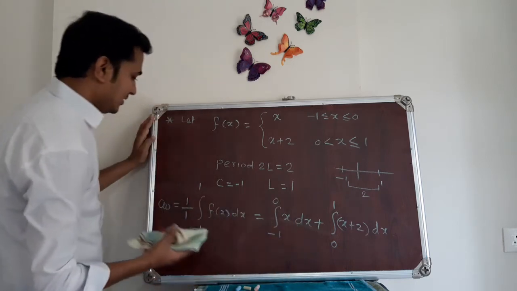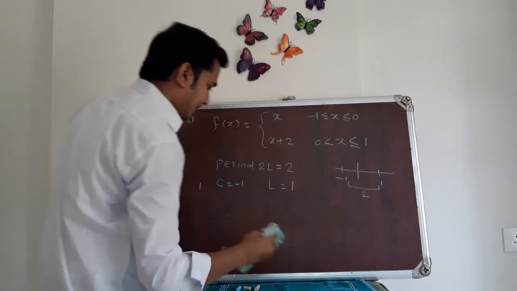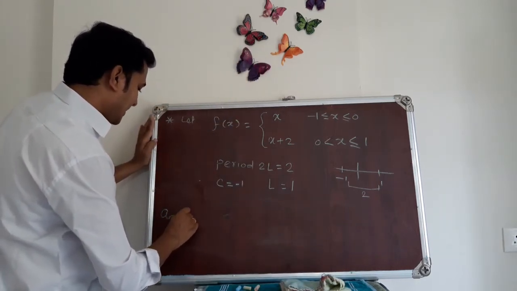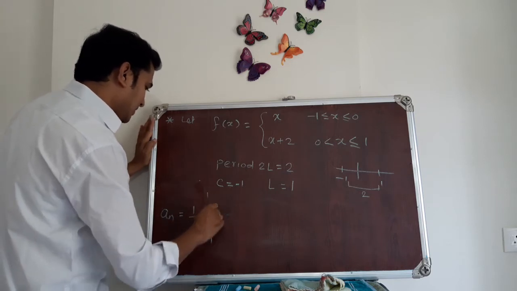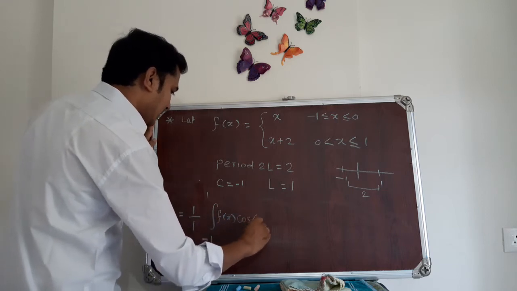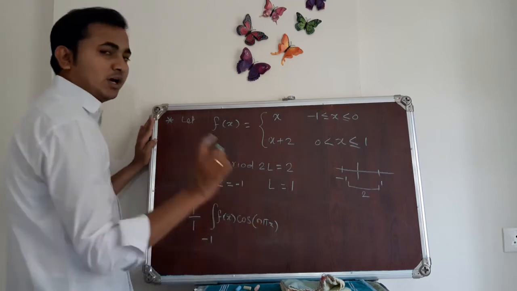What about an? So this was a naught. An is 1 by L, so 1 upon 1, integral minus 1 to 1 f of x cos of n pi x, L is 1, so n pi x upon 1.